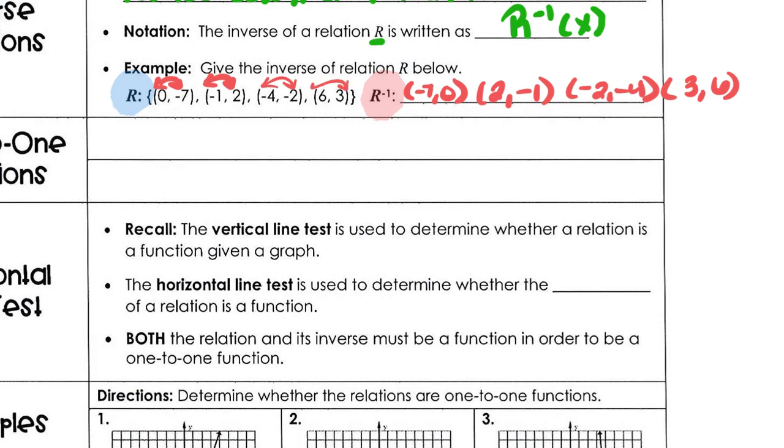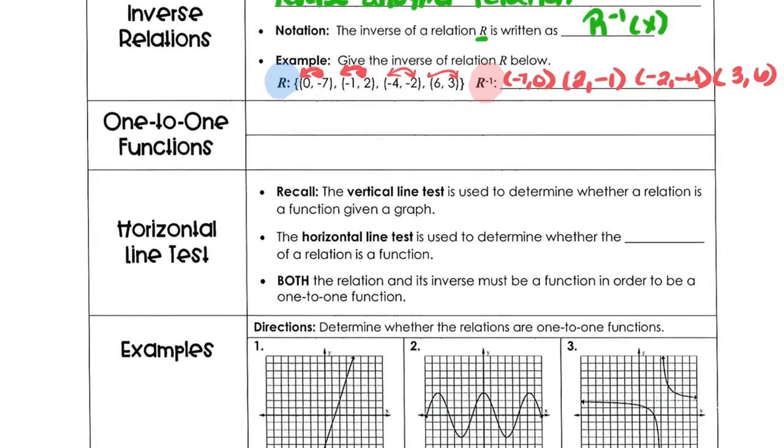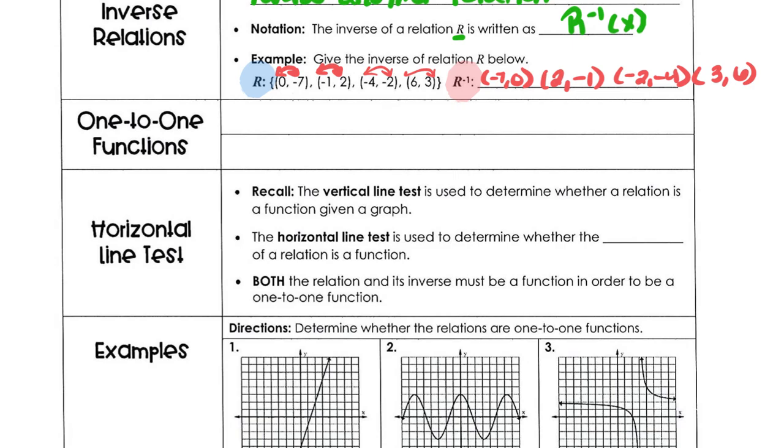So again, a relation is just a set of information. If you were given a set of ordered pairs, you switch the x and y. When we do that, we have this concept called one-to-one. One-to-one means that for every one x value or input value, there is a unique and different y value.